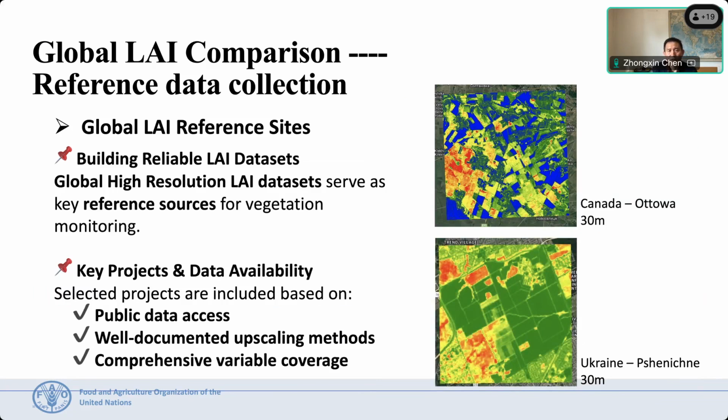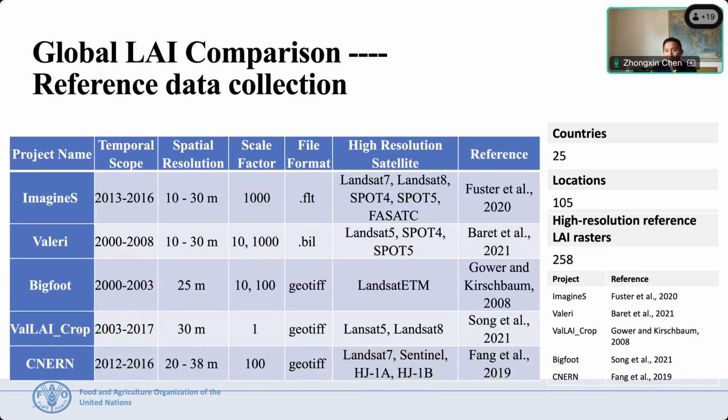The difficulty for LAI validation is that we don't have globally available datasets for validation. So the first step for us is to collect the reference data. There are a lot of large ground truth campaigns around the world.